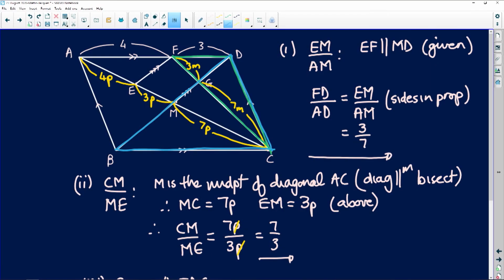Okay, so we've got to dig a little bit deeper here. What do the diagonals of a parallelogram do to the area of the parallelogram, seeing that we want the areas? Okay, let's have a look. The area of BDC is going to be the same as the area of ADB. Why is that so?